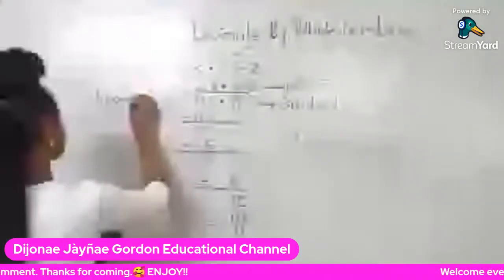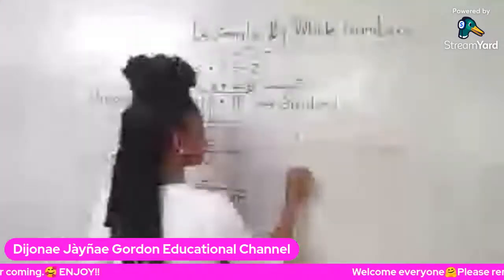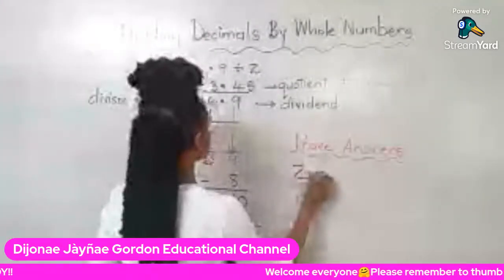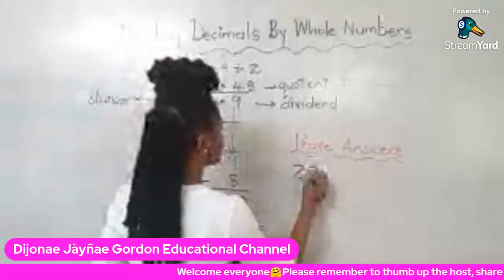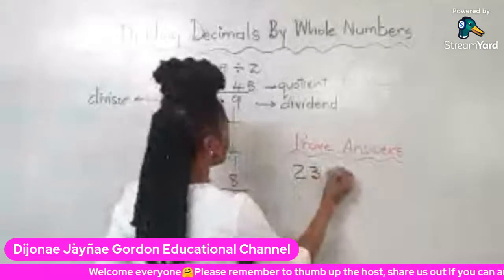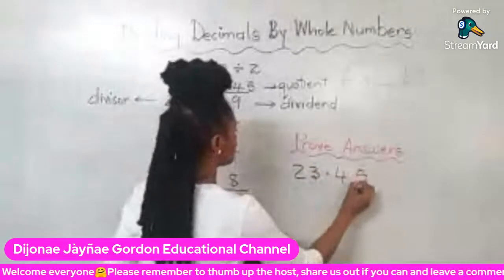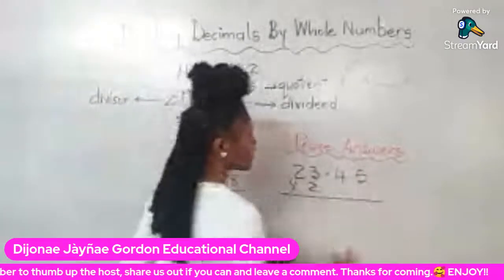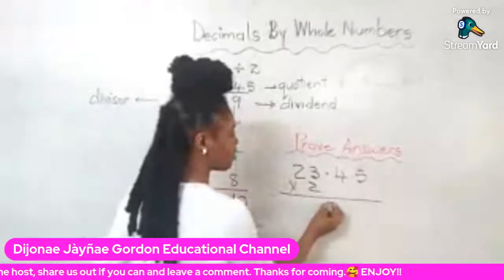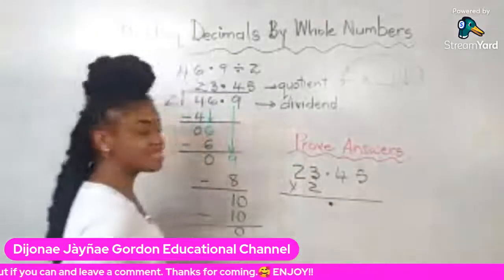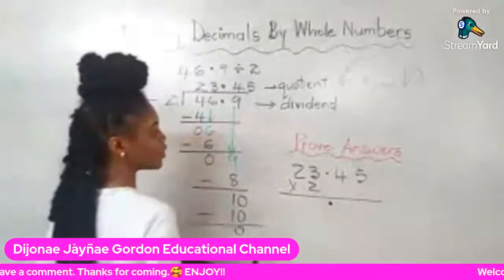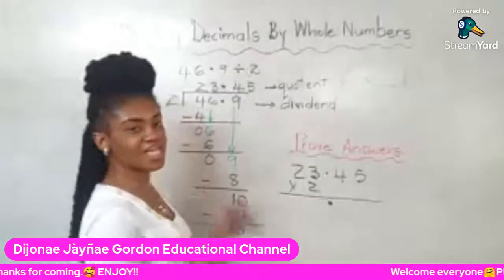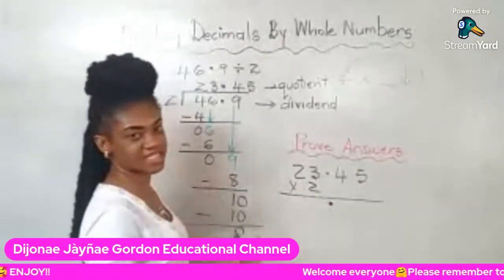All right, so now I'm going to take my quotient, which is 23.45, and we're going to multiply by 2. Remember now, the first thing you are to do is to write your decimal points down, and then the next thing you are going to do is check to see how many digits are after your decimal place.